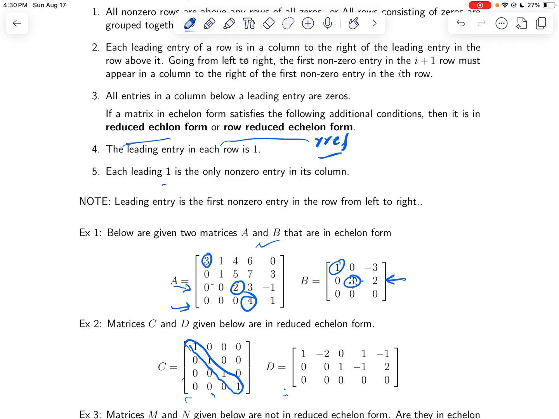There is another way people look at this condition of zeros, by thinking of the staircase in the matrix, making a staircase like this. So if you get this type of pattern, then it is in echelon form. And if you have zeros above the diagonal as well, then it is in reduced echelon form.